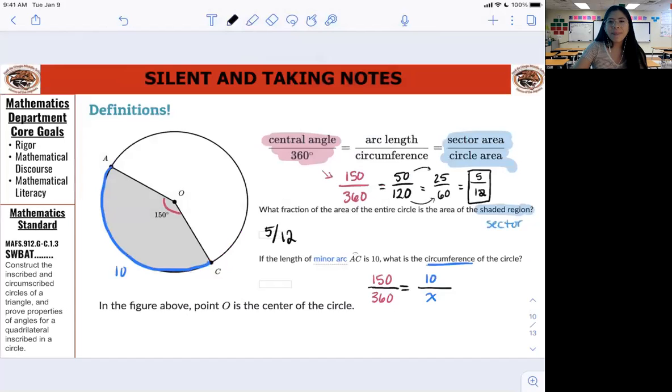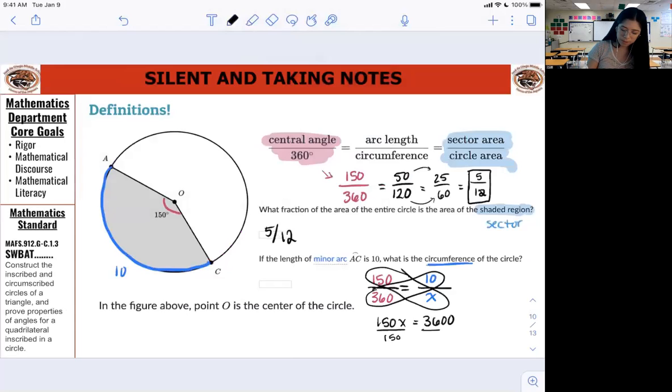All right, so now here's our proportion. Let's go ahead and solve it. 150 x is 3,600. Divide both sides by 150. What do we get?